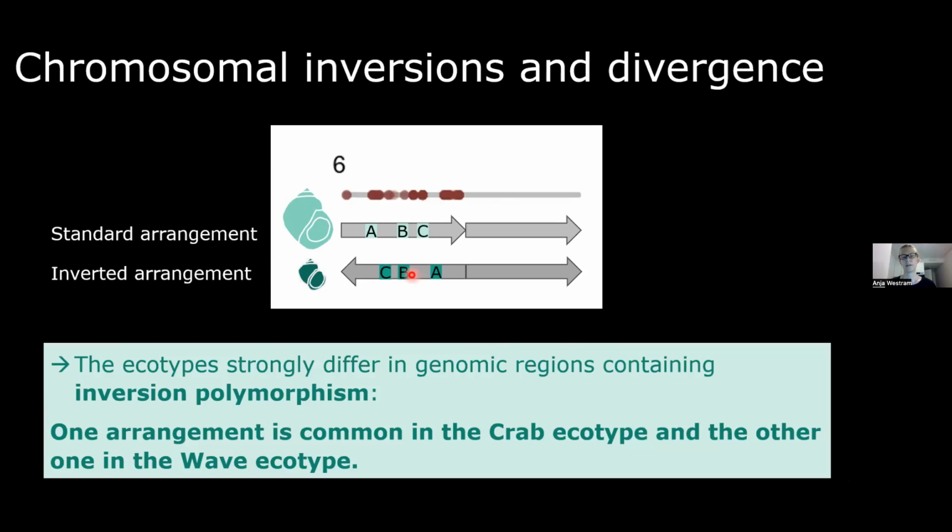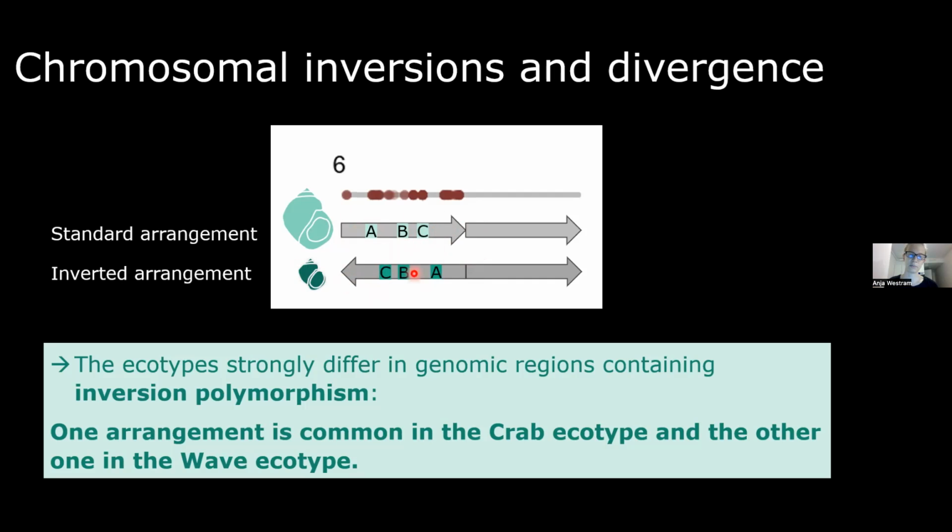Basically, where we have an inversion, there are two possible arrangements of the genome. The genome can be normal. I call this a standard arrangement, where you have some order of genes that I'm calling ABC here. But then there's also an alternative version of the chromosome where you have that inversion, where basically the genome is flipped the other way around and the order of all the genes is inverted.